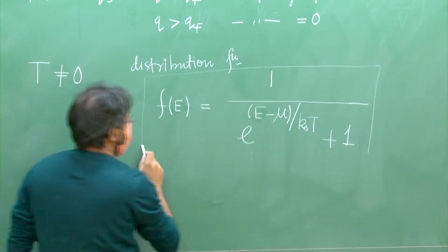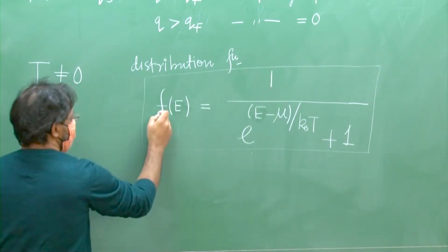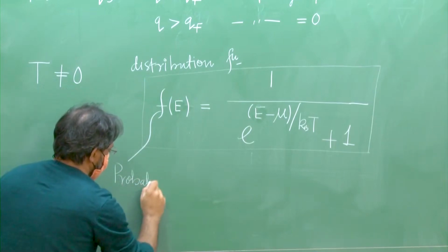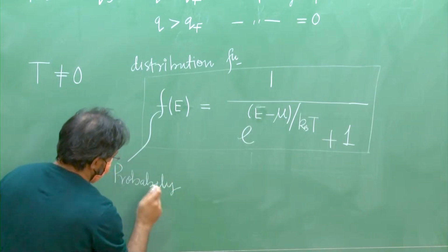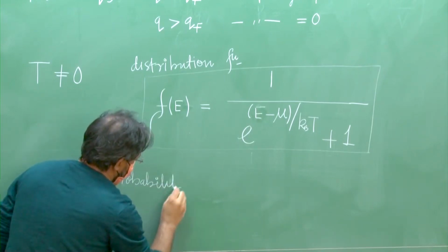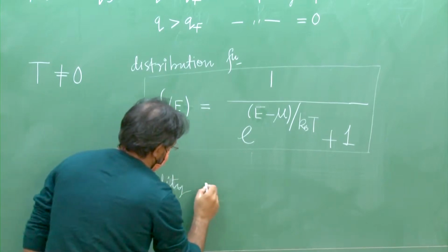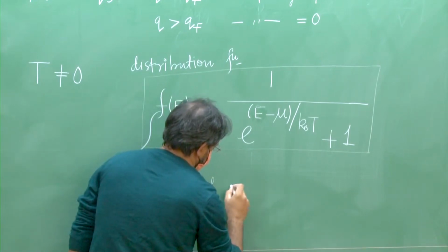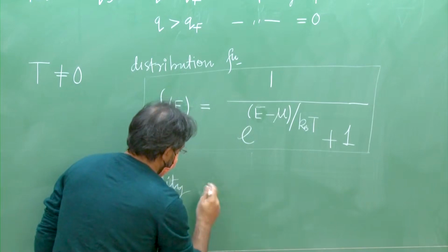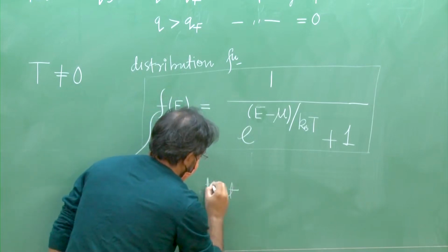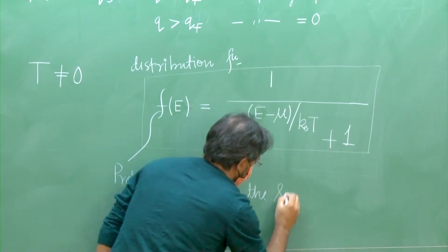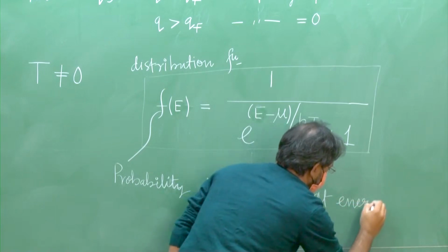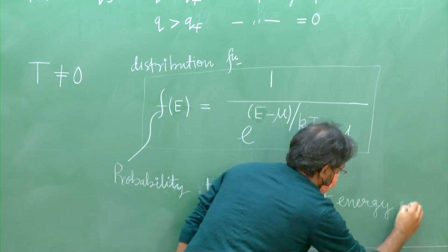So, let me first describe these quantities. What is F? F is the probability that the state at energy E is occupied.